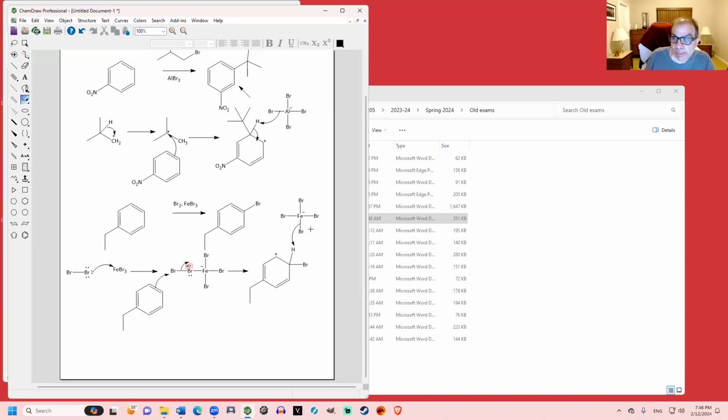It's not necessarily Br, so please don't memorize Br goes here. It could be chlorine also. That picks up that proton. The electrons in the carbon-hydrogen bond go back into the aromatic ring, and that regenerates the aromaticity. And you get the product. That's how we showed the mechanism in the class notes.